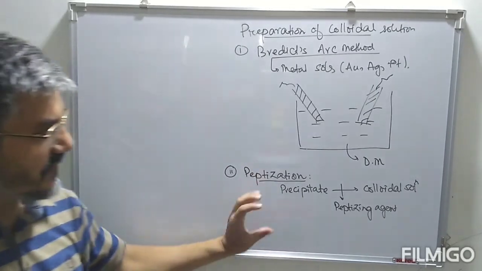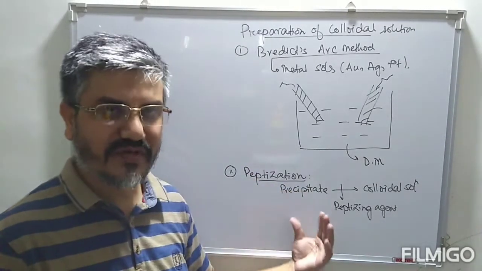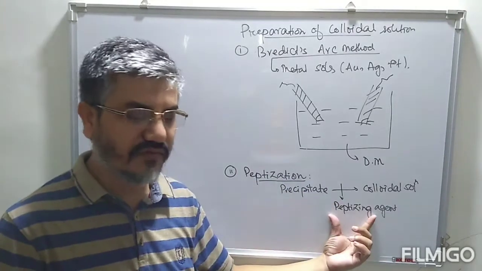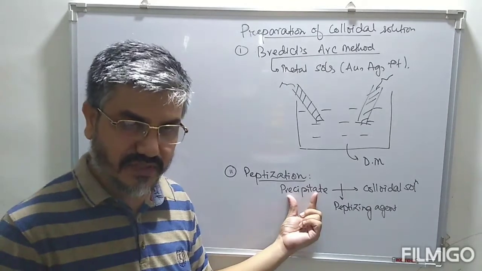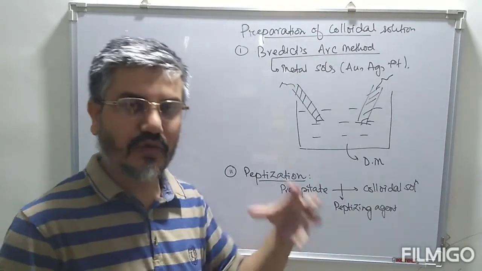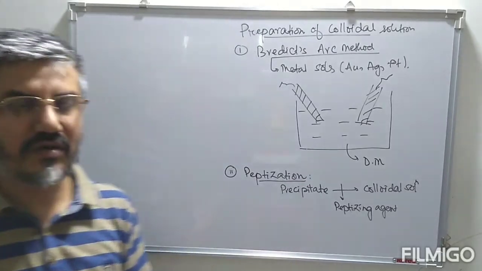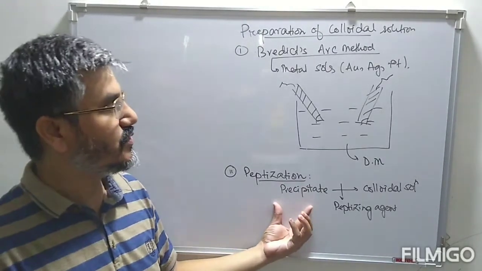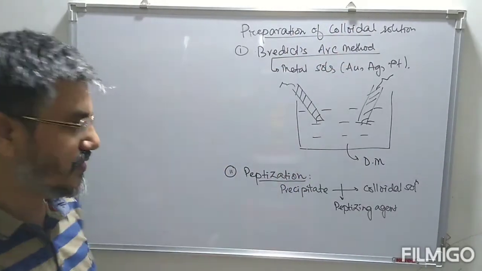So the cause of peptization is selective or preferential adsorption of ions on the surface of precipitate, resulting in enormous repulsive force, which results in breaking of the bigger precipitates into smaller fragments, resulting in colloidal solution.